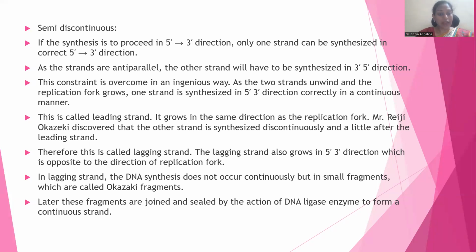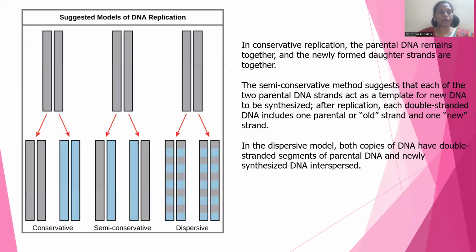The other strand is called the lagging strand, which also grows in the 5'-3' direction, which is opposite to the direction of the replication fork. In the lagging strand, DNA synthesis does not occur continuously, but in small fragments called Okazaki fragments. Later, these fragments are joined together and sealed with the help of the enzyme DNA ligase to form a continuous strand.